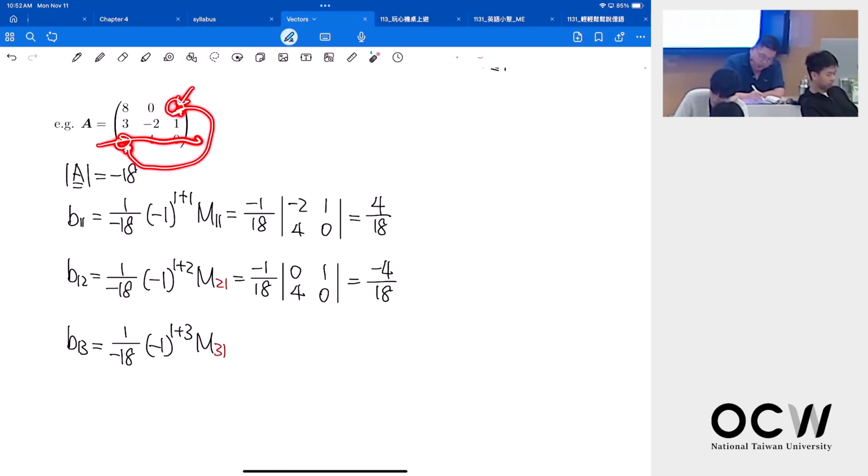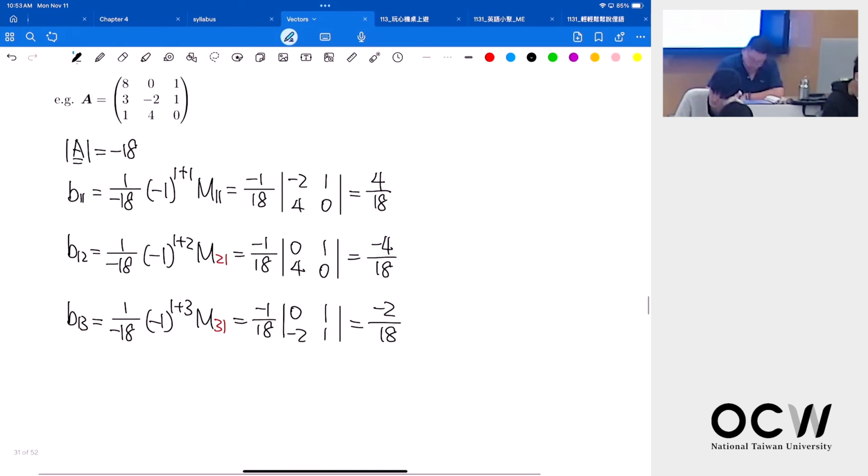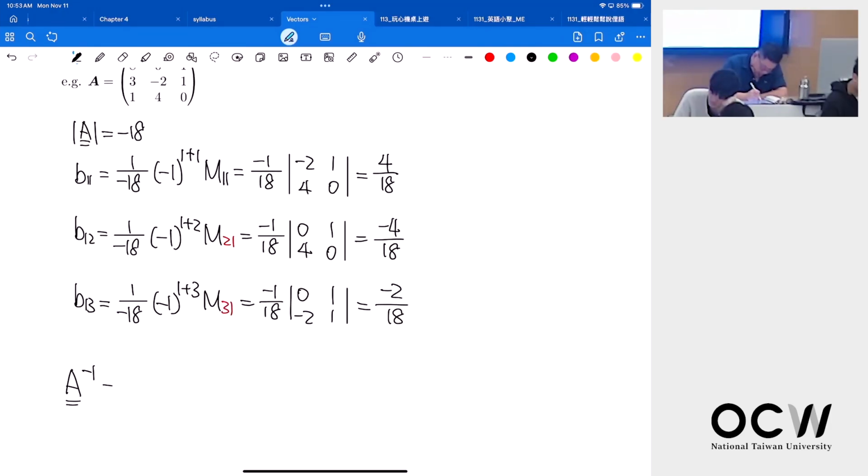So cross out the row and the column, and we get 0, minus 2, 1, 1. That's minus 2 over 18. And finally, you'll get A inverse. Take 1 over 18 outside. So far, we found 4, minus 4, and minus 2.